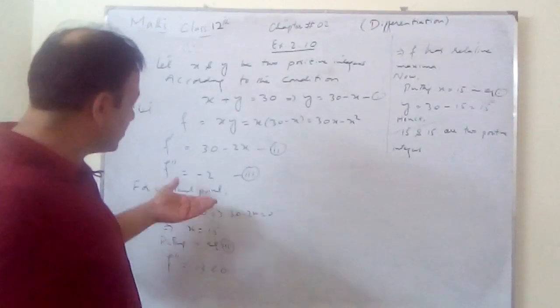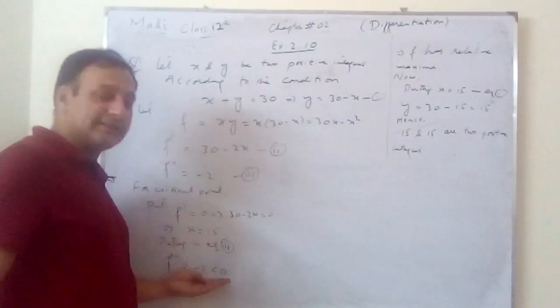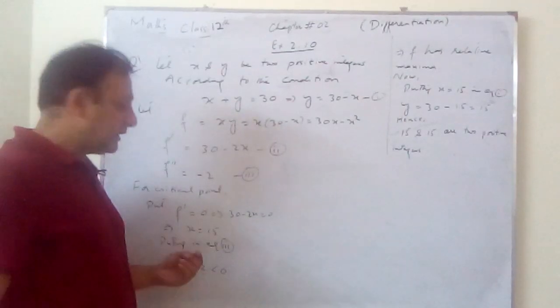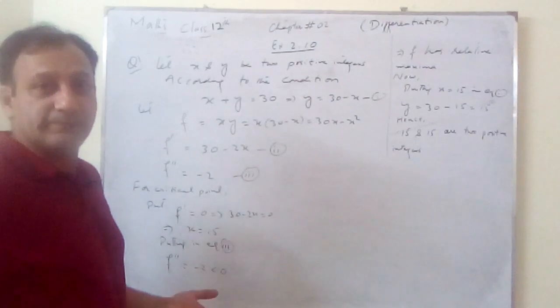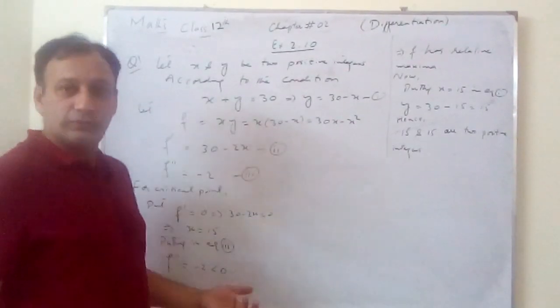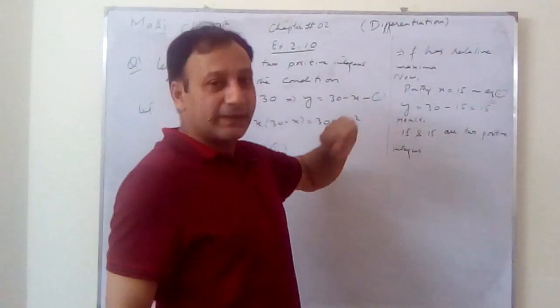Putting this x is equal to 15 in the second derivative, check whether it is less than 0 or greater than 0. If it is less than 0, it has a relative maxima. If it is greater than 0, relative minima. So it is proved that it has a relative maxima.